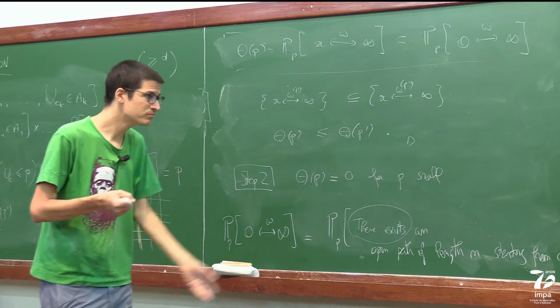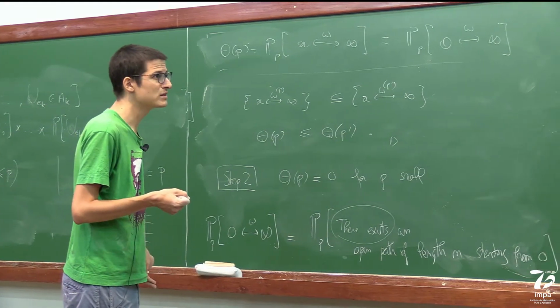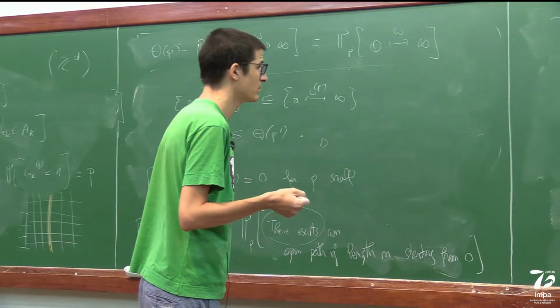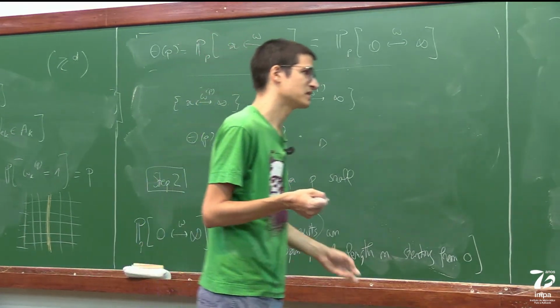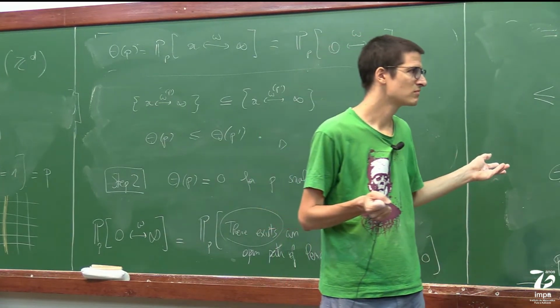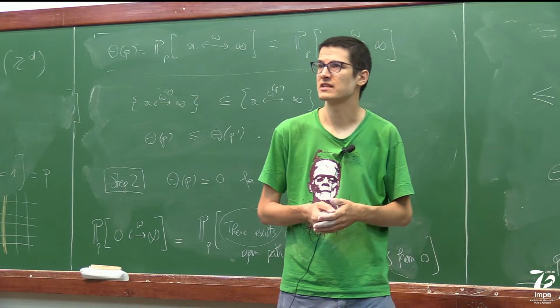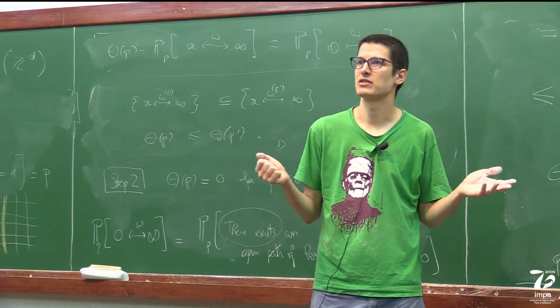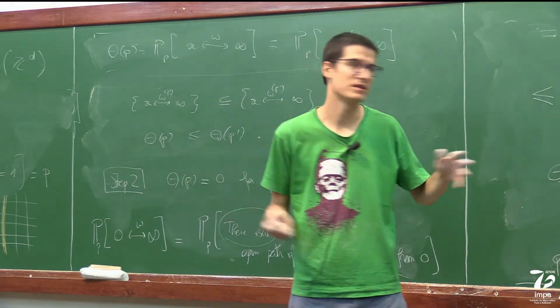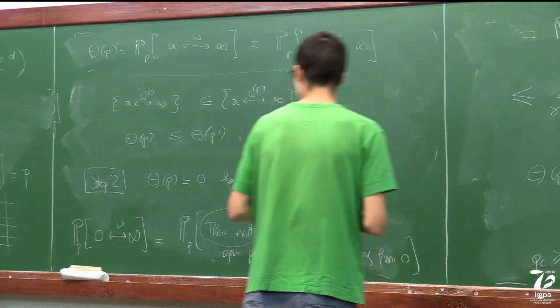For step 2, we have only used the fact that each vertex has finitely many neighbors, which is not really an assumption, because if a vertex has infinitely many neighbors, then percolation becomes quite boring. You have lots of connections everywhere, and you're always connected to infinity.